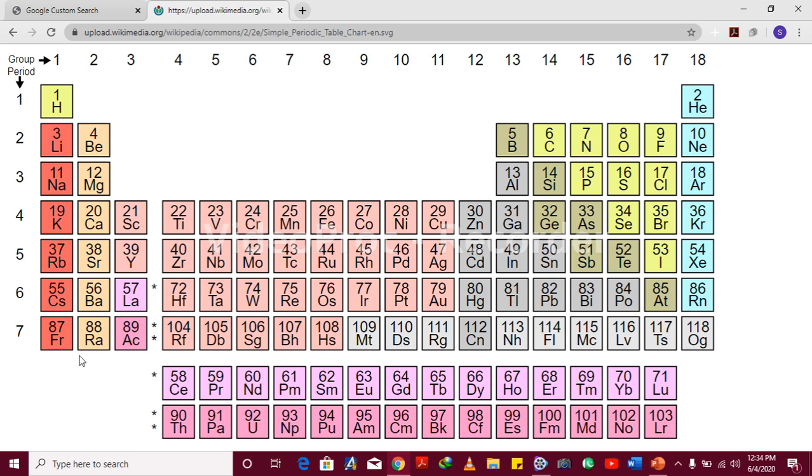I mean to say these two groups are called the S block elements. These are called the D block elements. These middle transition metals and these inner transition metals are called the F block elements, meaning the valence electron is in the F orbital, and this is called the P block element, meaning the valence electron is in the P orbital.